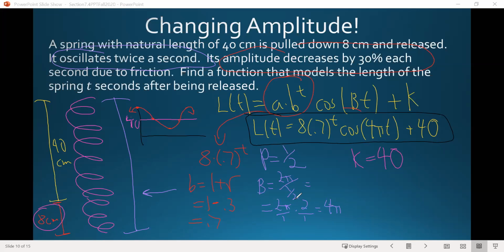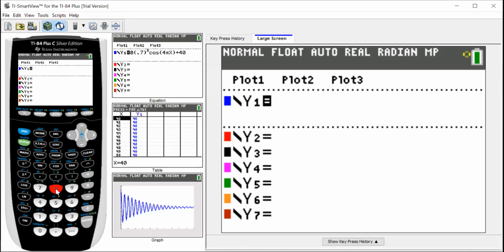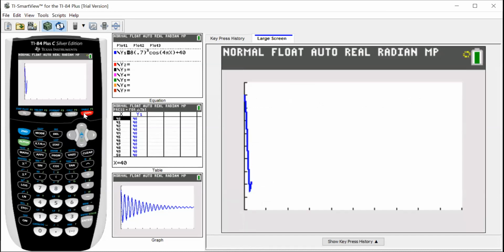Now, you might be wondering what this might look like, especially because the example I had in the video didn't quite show us. Let's take a look at what happens if we graph this. So go here, see I've got it plugged in. When we graph it, notice we see what we expected at first.